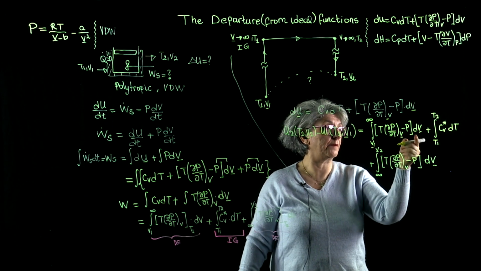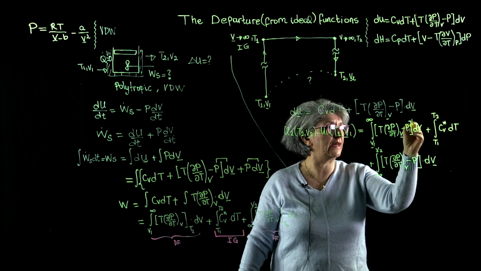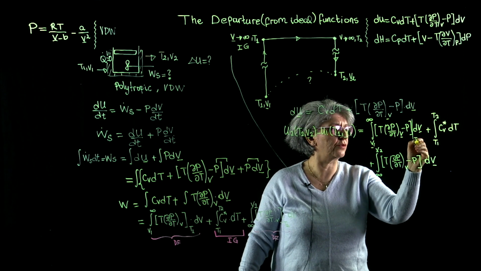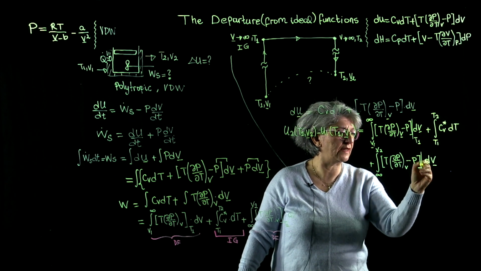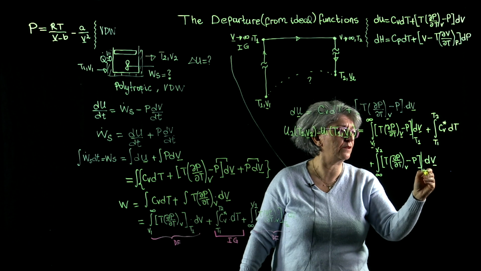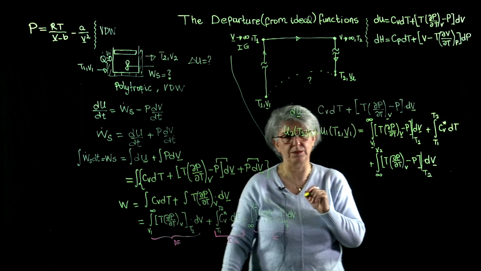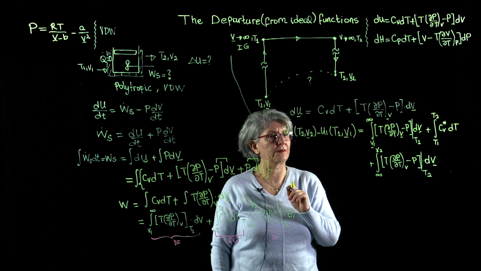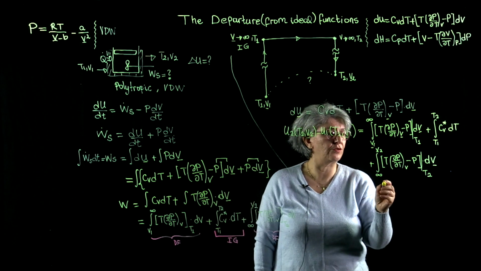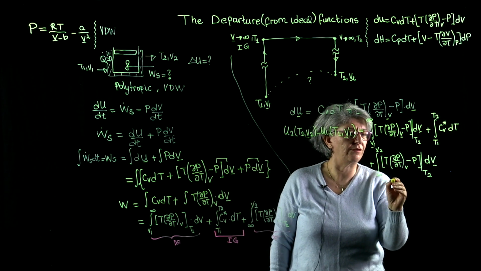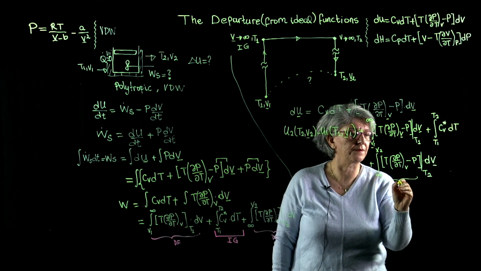This segment is evaluated at T is equal to T1. This segment is evaluated at T is equal to T2. And these terms are our departure functions.